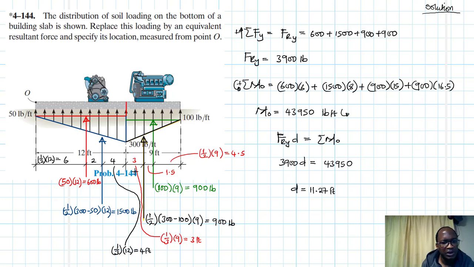So if I was to indicate the resultant, we're saying it's going to be somewhere there. I'll indicate it up in red. It's going to be approximately somewhere there.